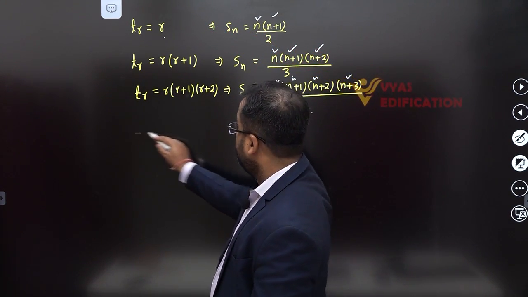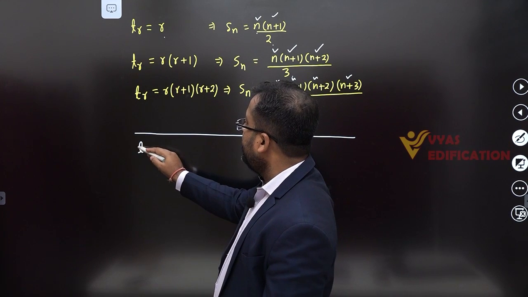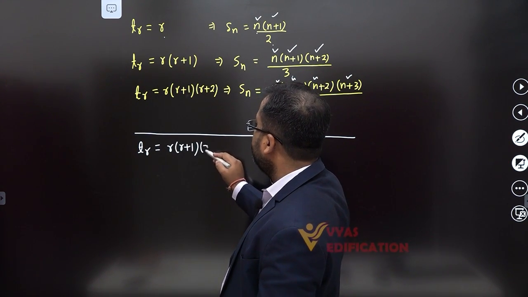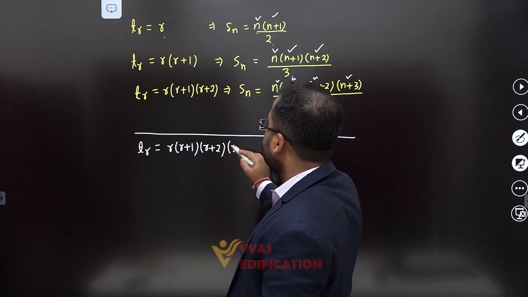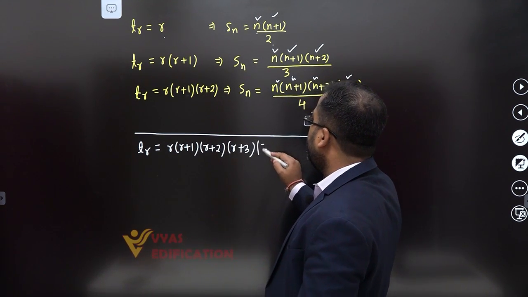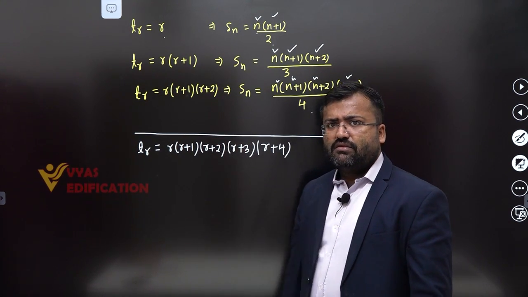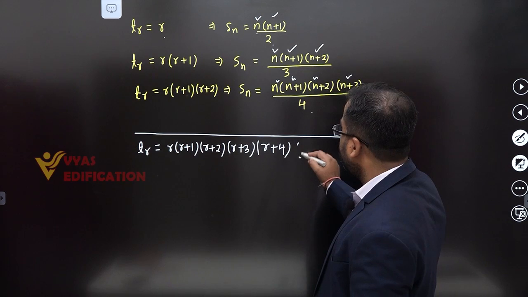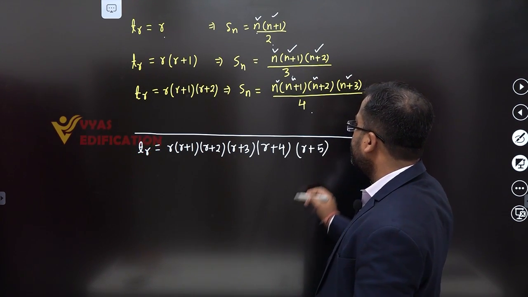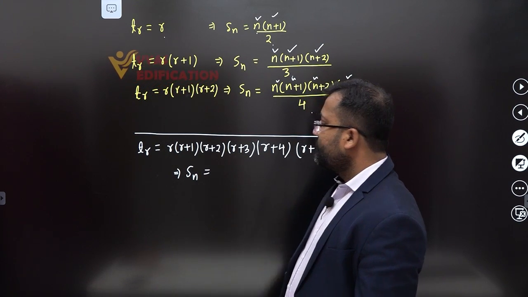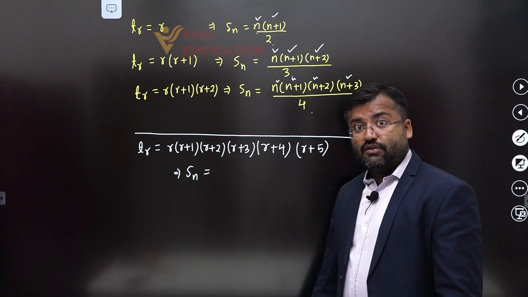So in case you encounter TR equal to R plus 1, R plus 2, R plus 3, R plus 4, maybe something way beyond, let's say, or R plus 5 as well. If you have this, can you write Sn for this? Do you see the pattern?